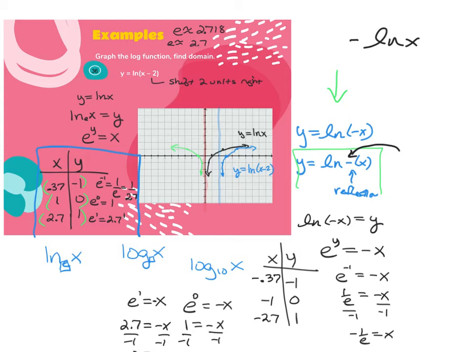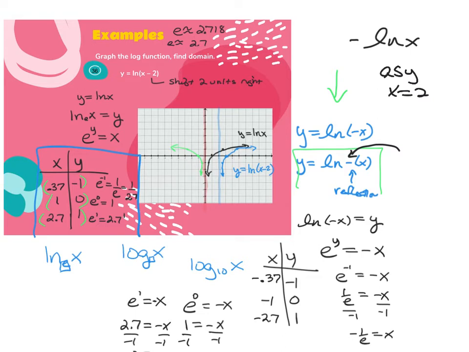And that's what we're going to see in the next one. So for this one, when we shifted it, we can see that the domain changes because the new asymptote is now at x equals 2.